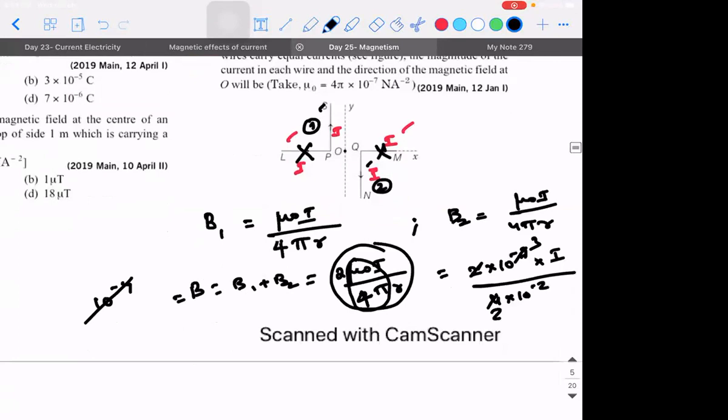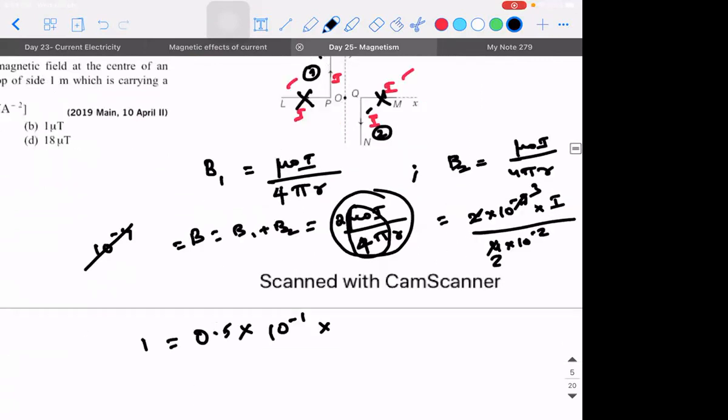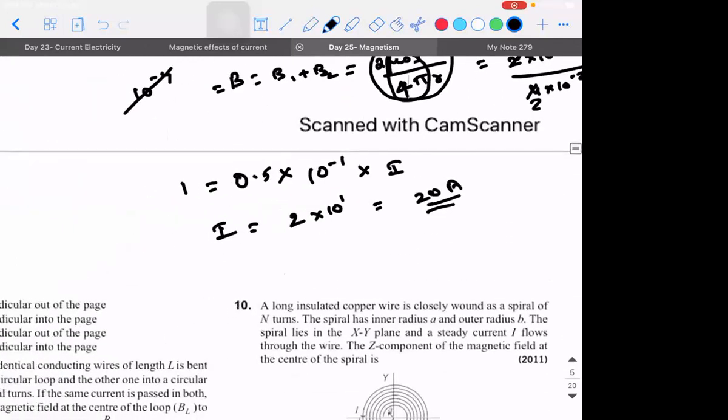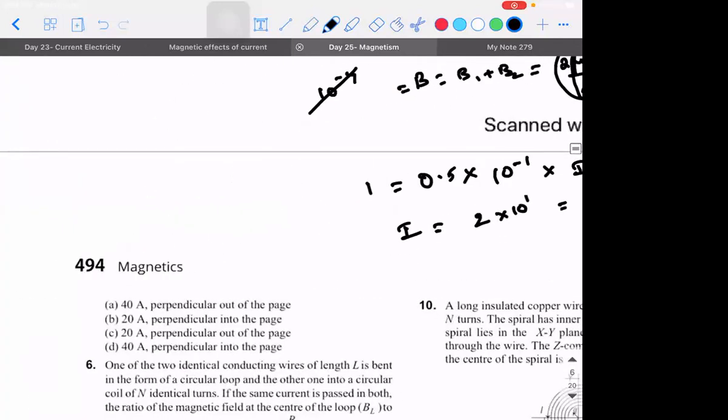So 0.5 into 10 power minus 1 into I is what you need to find. I is equal to 2 into 10 power 1. So 20 ampere. And the direction of magnetic field கேட்டிருக்கான்ல, it is into the plane. So 20 ampere and into the plane. இருக்கா? Option B.